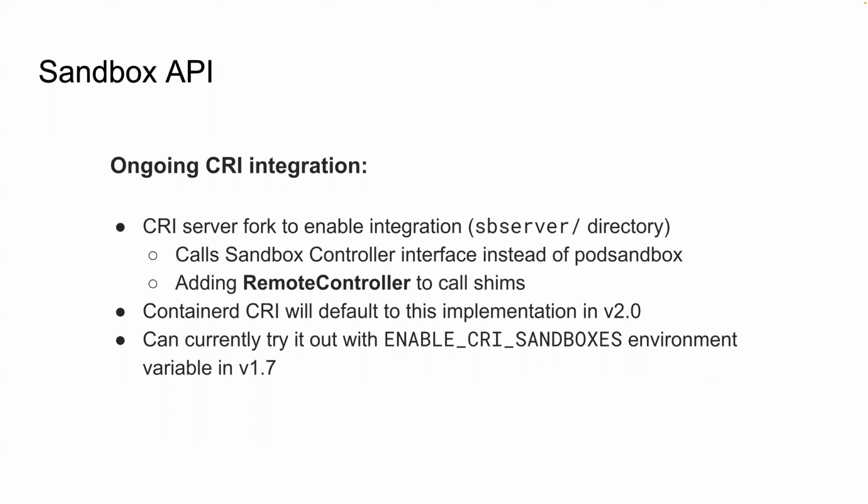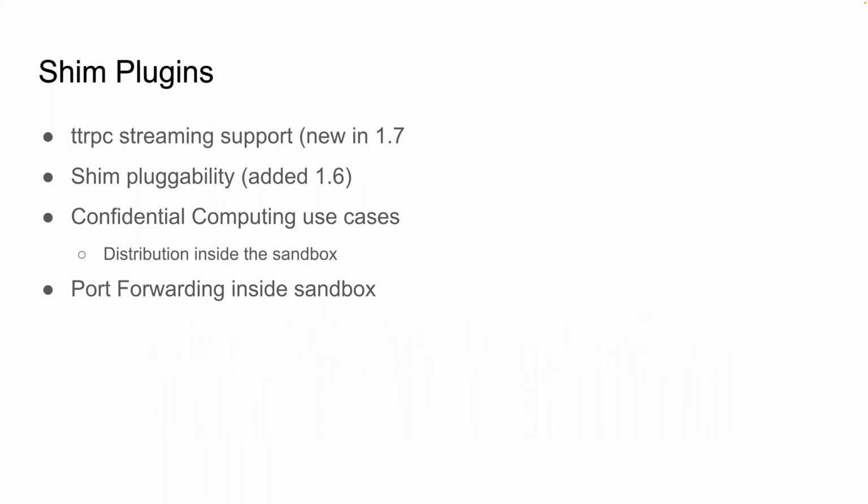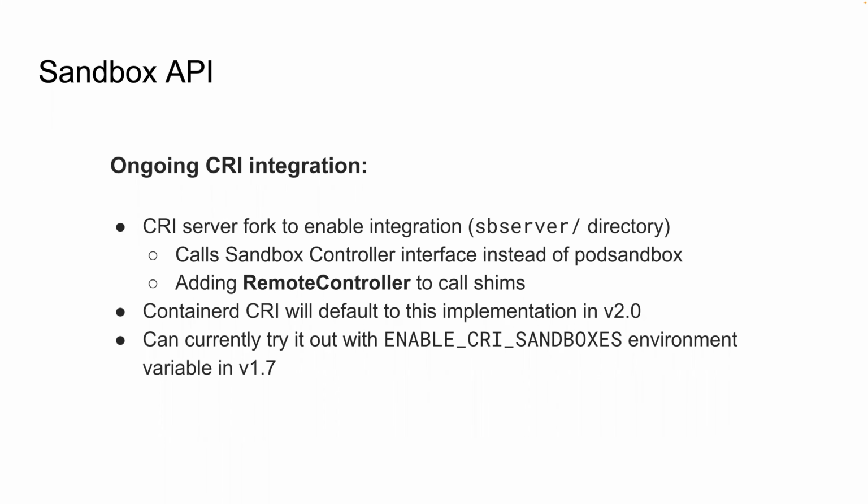And if you're implementing something that wants to make use of these new features, you can do that in 1.7. Inside the sbserver, sorry, subdirectory. I'm just trying to find exactly where I can get my hands on it. Yeah, I think there's a server and then sbserver is the sandbox server.